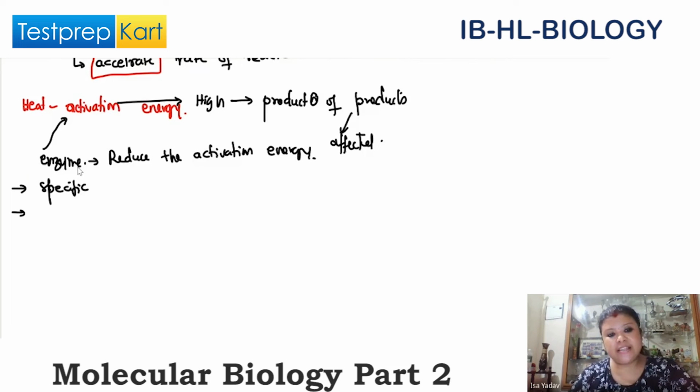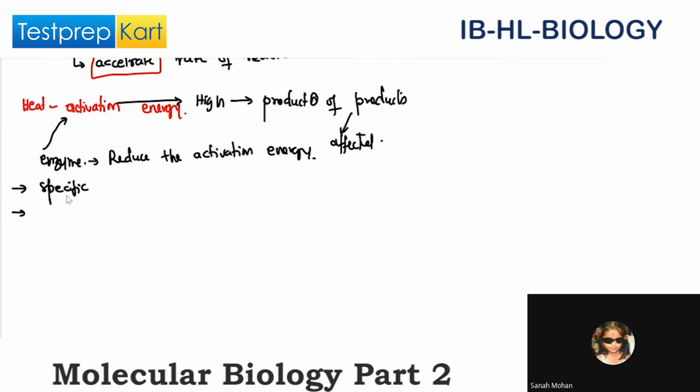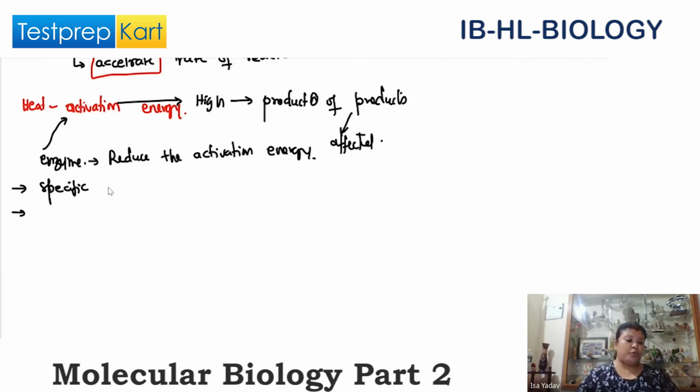Now you see, enzymes reduce activation energy and enzymes are specific. When any reaction has an enzyme, the production of products will also be increased. In your book we have the factors.